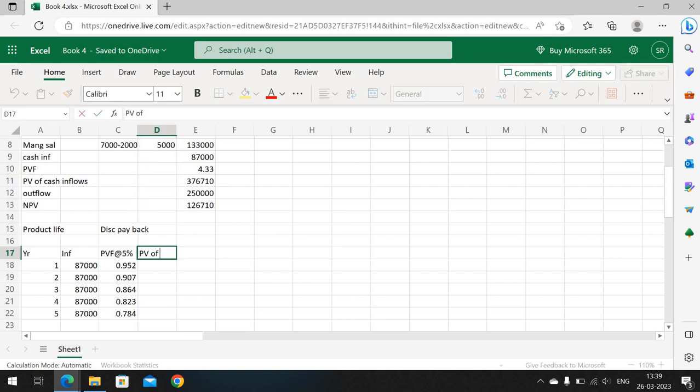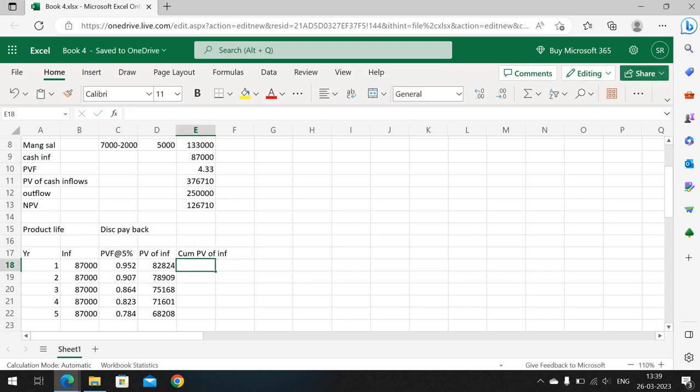So present value of inflows. Here we need to calculate cumulative present value of inflows, that is 82,000 for the first year, 82,824 plus 78,989, then again 1,61,000 plus 75,168, like that. Our investment is 2.5 lakhs. At the end of 3 years we have recovered 2,36,901.